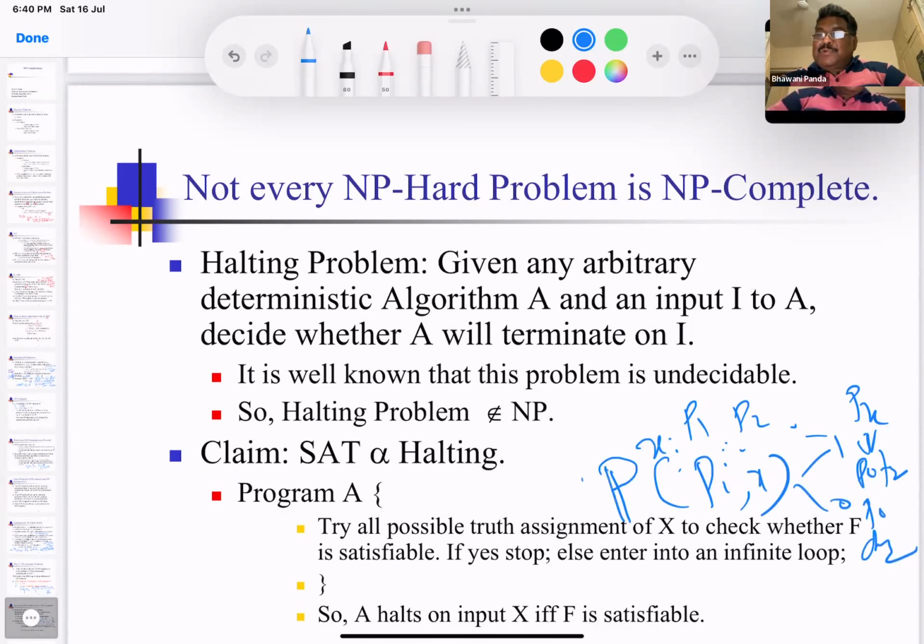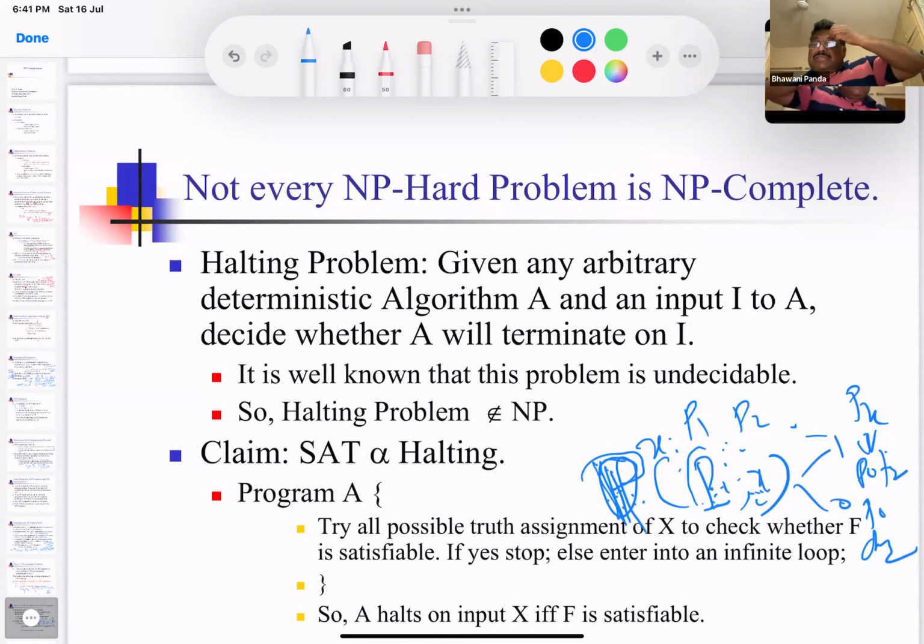Can I write a program which takes as input a program and an input to that program and tells whether P1 is going to halt on X or run forever? If you could write such a program, that is the halting problem.